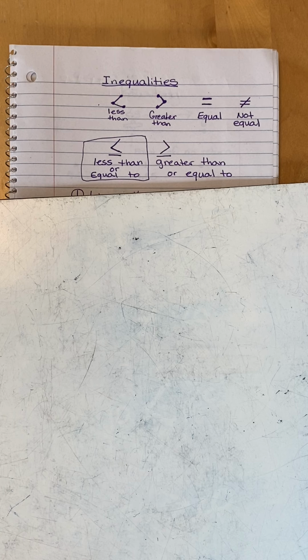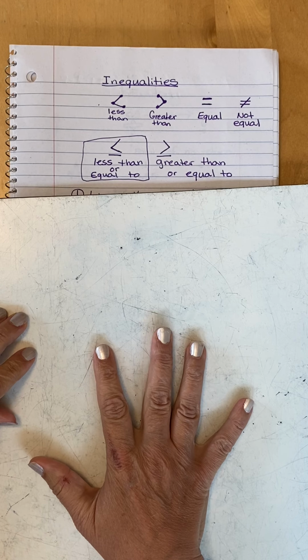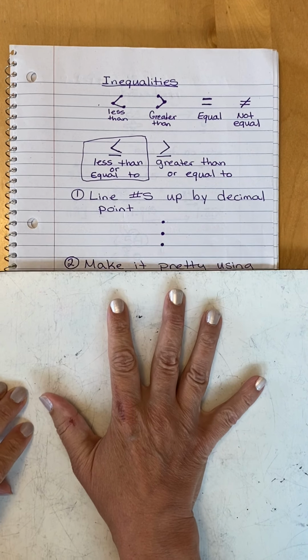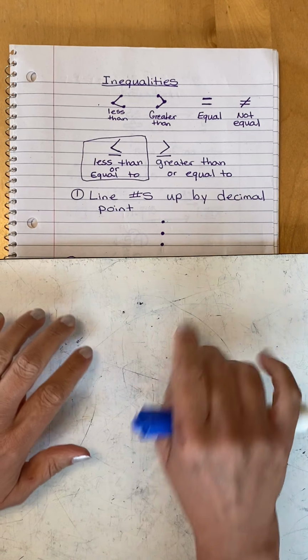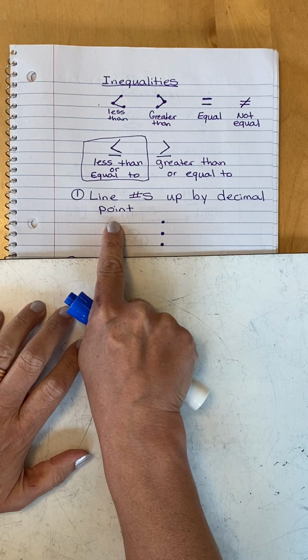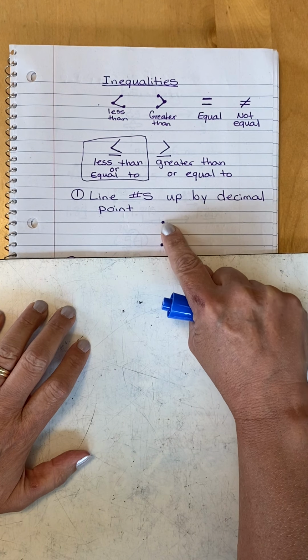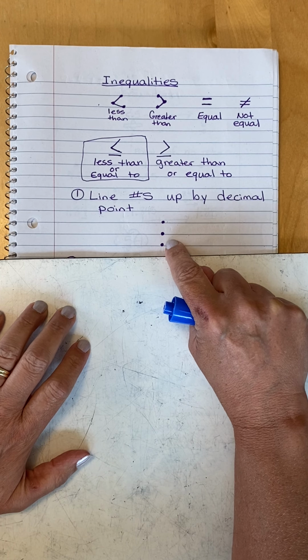Okay, when we are chatting in our groups, we can talk about more things that you came up with while your video was paused. So the first strategy I want you to do when you are comparing numbers that have decimals is I want you to line up your decimal points. A lot of times the errors come in when we do not line up our decimal points.